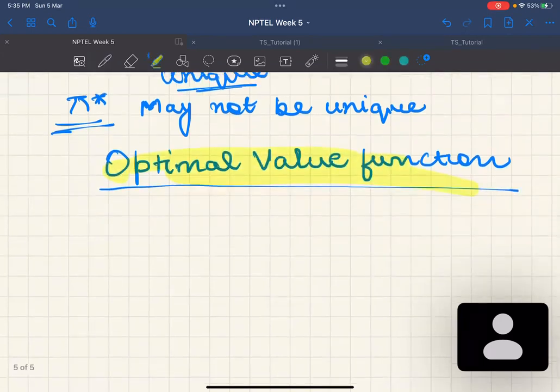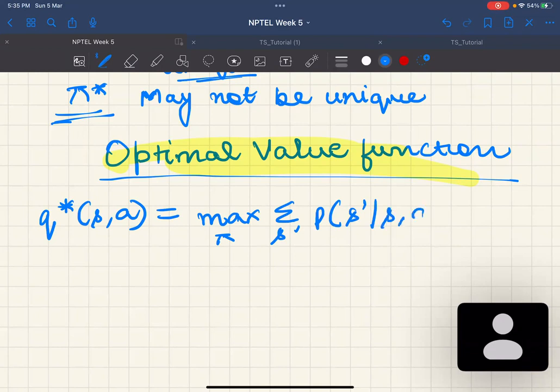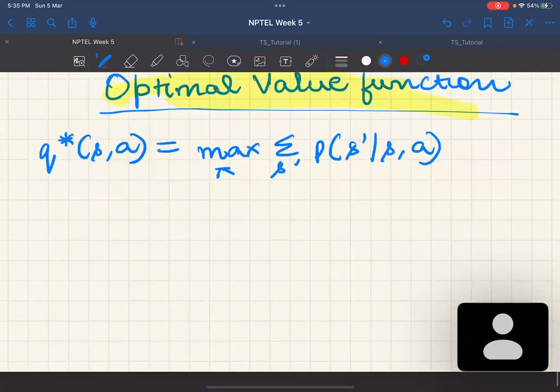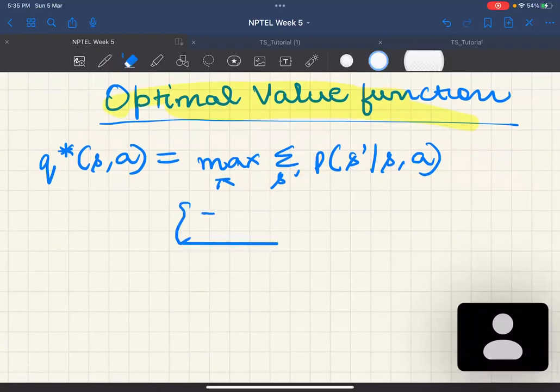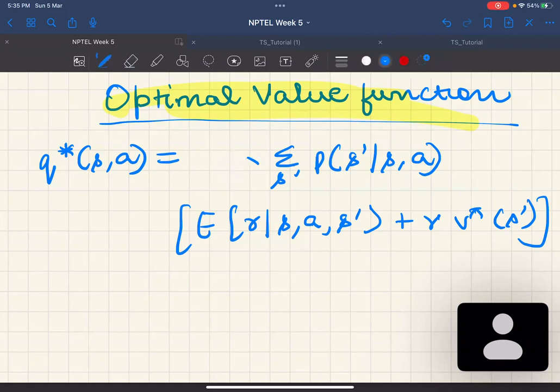Optimal value function, let's go. I'll write the equation and then I'll explain it. Max should be here basically.